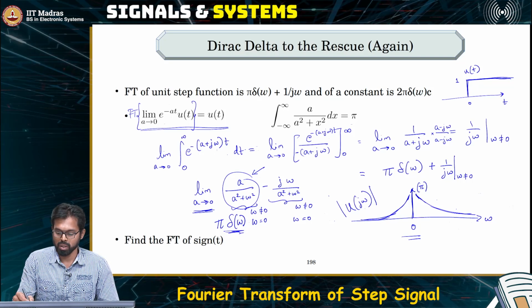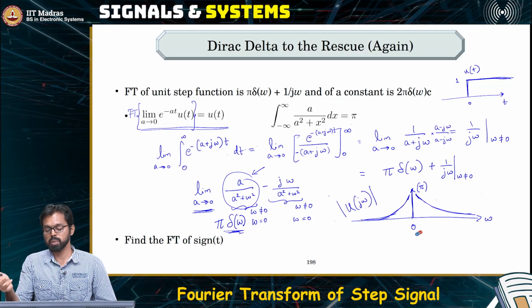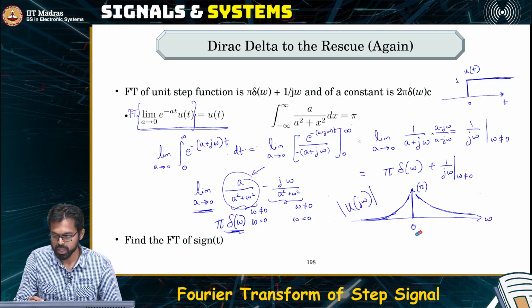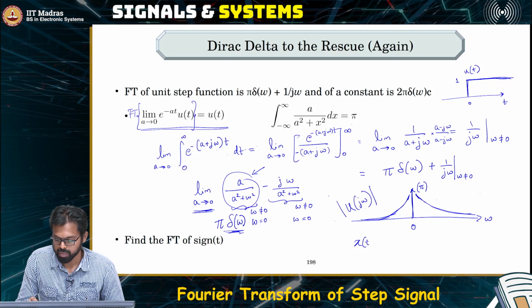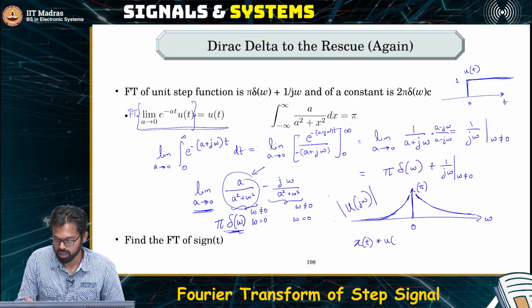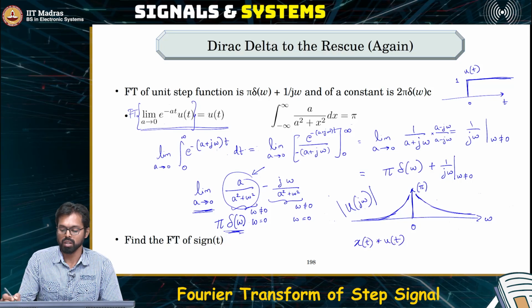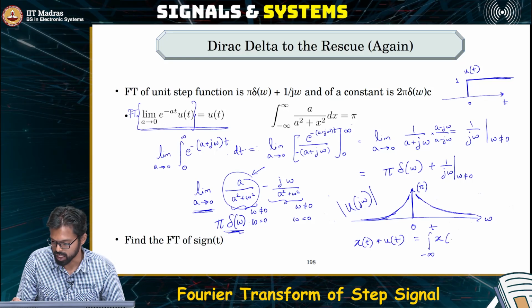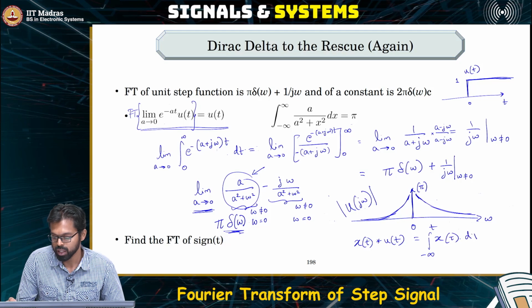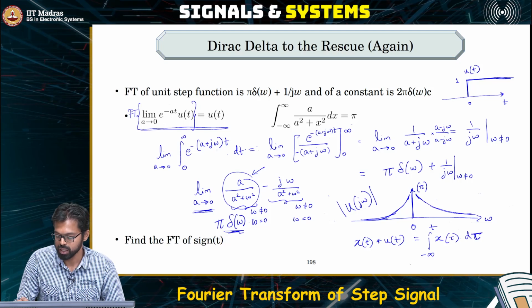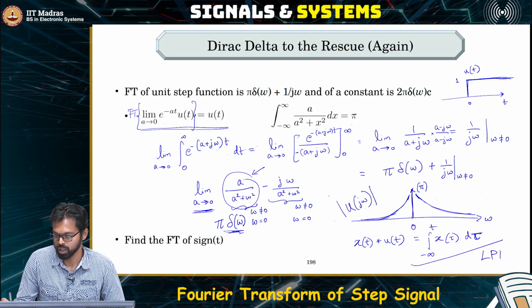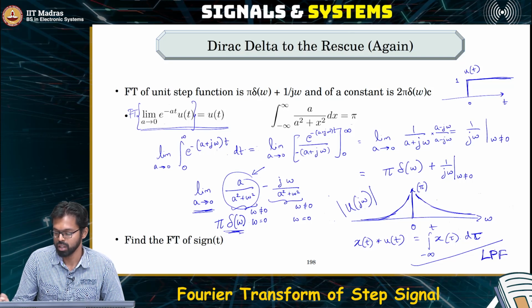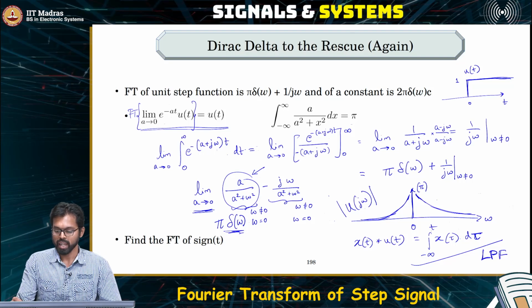So this is very similar to a low pass filter, an approximate low pass filter, right? So which means if I have a signal and I convolve it with u of t, what are we actually doing? We are basically taking this integration. This operation essentially is a low pass filter. So the integration is a low pass filter.